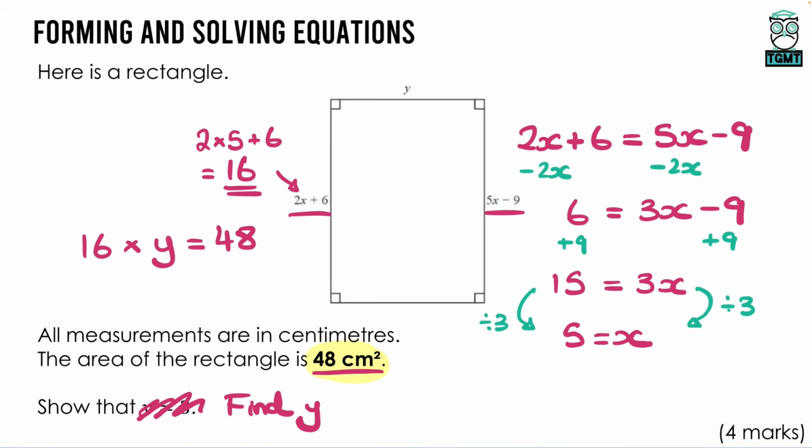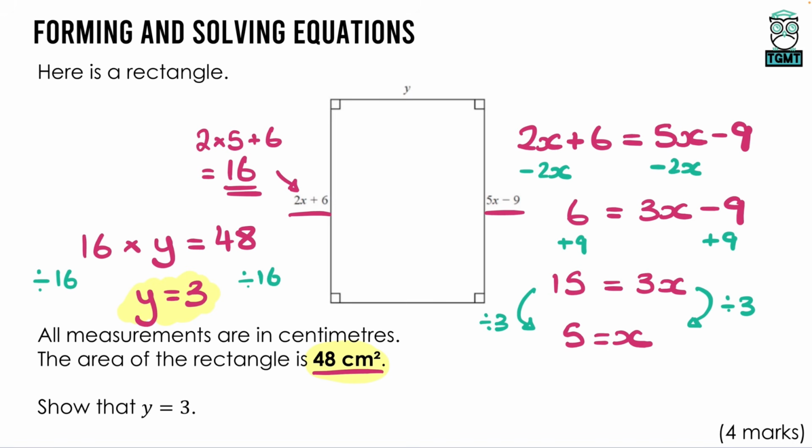To solve that, to find the value of y, we would have to divide by 16, and that does give us y is equal to 3. So that final step there shows that y has to equal 3 if the area is 48, which we are told that it is. So although we have ignored the show that y equals 3 and instead found y equals 3, we have in that process shown that y must be equal to 3.